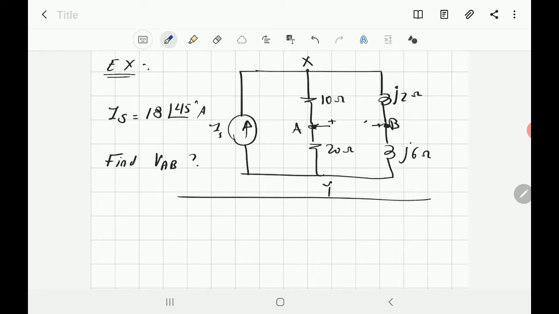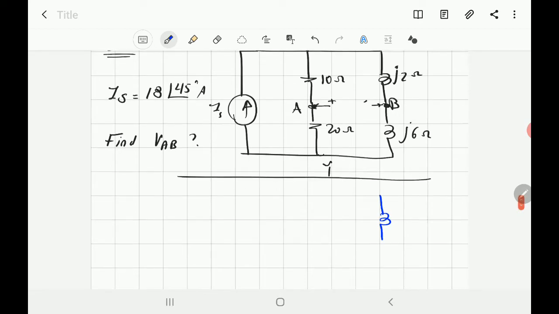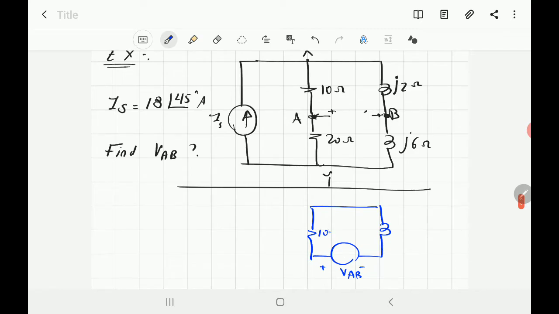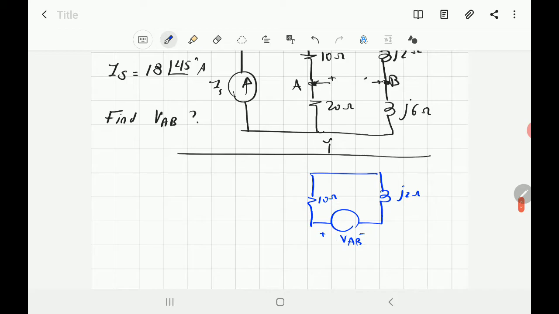I will represent the voltage here, it is not a source, I'm just saying that's VAB that I want to find, and I'm just sketching the loop that I want to apply Kirchhoff voltage law to. I have here 10 ohm, and I have here J2 ohm, and I need to find VAB.